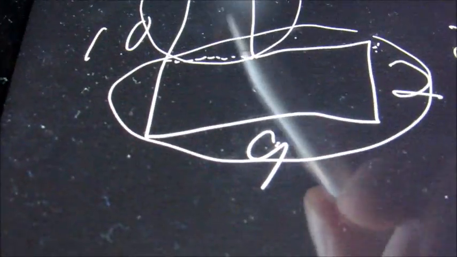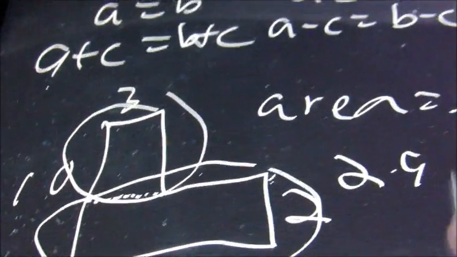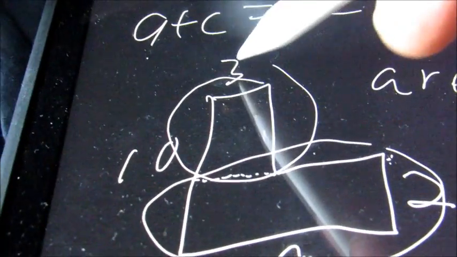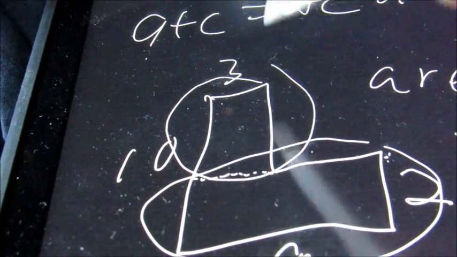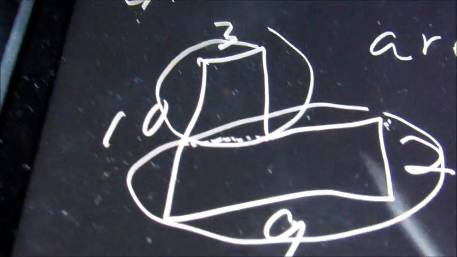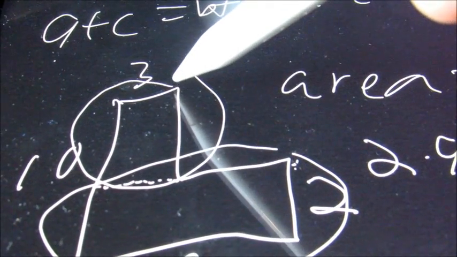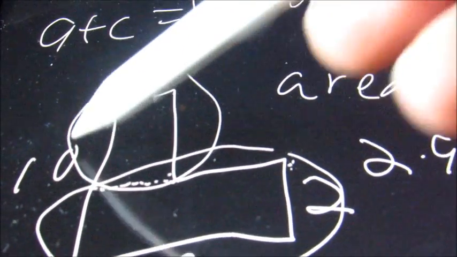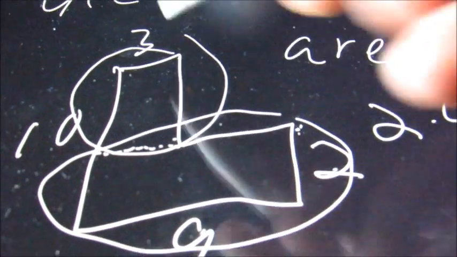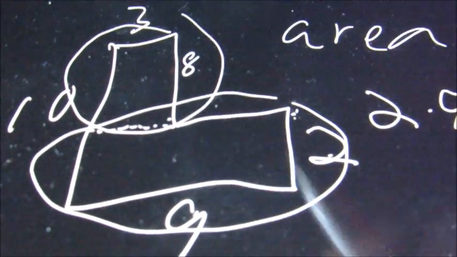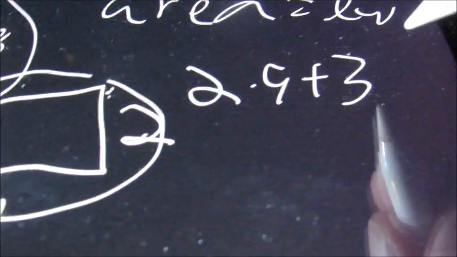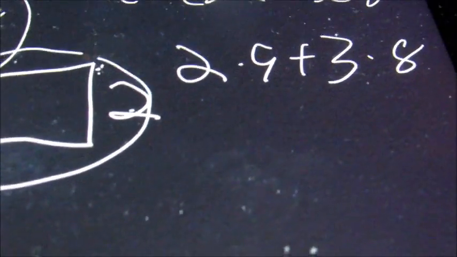And we're going to add this top rectangle plus, and here we know that the width is 3, but the height now is going to be just the smaller one. So it's the 10 minus 2, which is 8. So it's going to be 3 times 8.